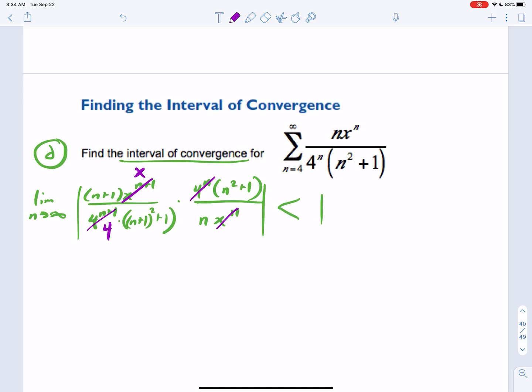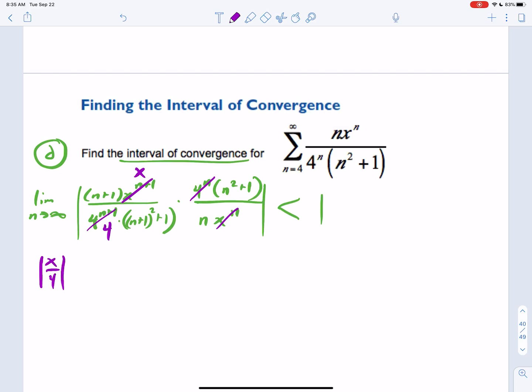Now, we're going to take out what's not relevant. It's up to you how you want to do this, but I like to take out everything except for the n's. Even if you took out just the absolute value of x, you would be fine. Or if you took out the absolute value of x over 4, that would be fine too. At the very end, your work is going to be the same.